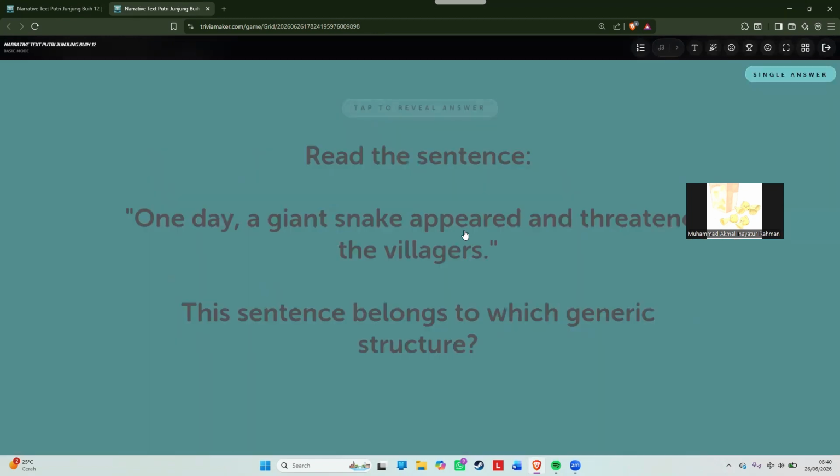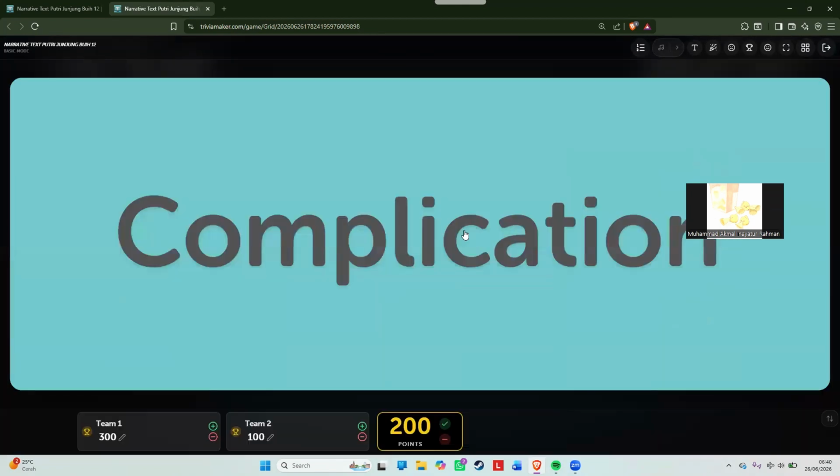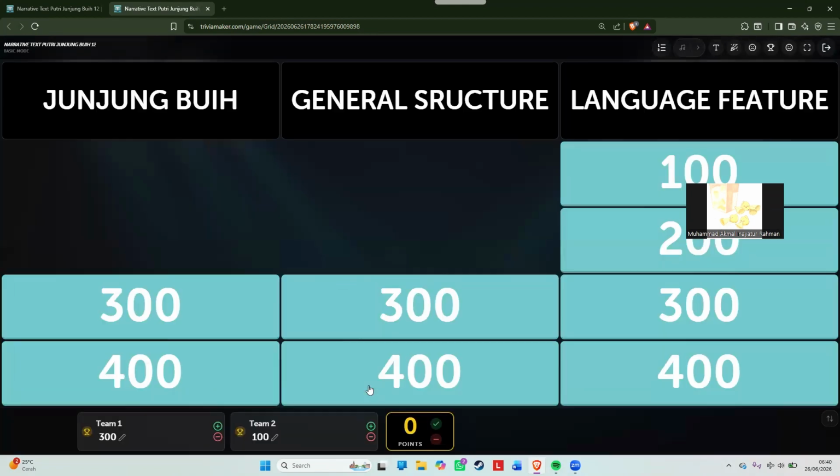One day a giant snake appeared and threatened the villagers. This sentence belongs to which generic structure? Then they say coda. Oh wrong, it turns out to be complication. Then what should they do? They got negative 200. It means negative 100.